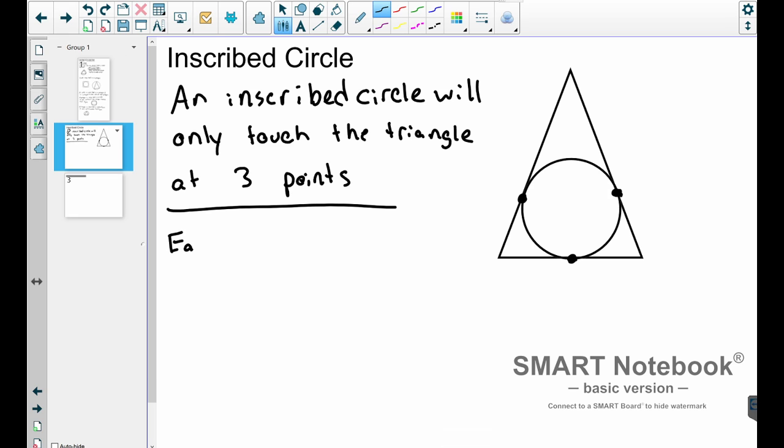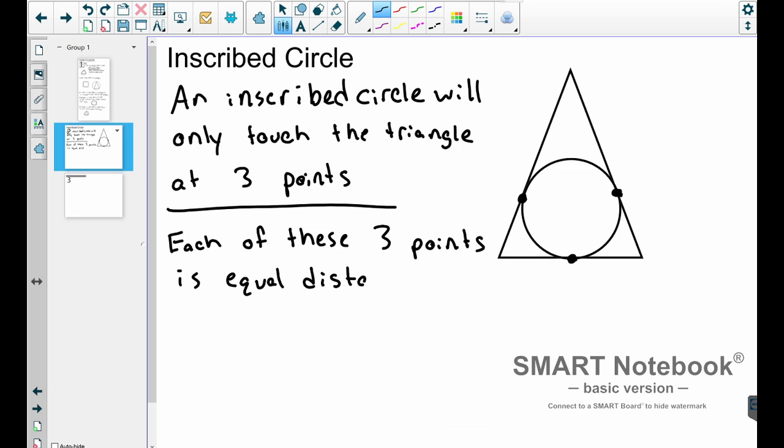Each of these 3 points is equal distance from the center point. So each point there would be of equal distance from this center point. If you guys remember our vocabulary, the lines here that show that equal distance from the center point out to the edges of that circle would be a radius.